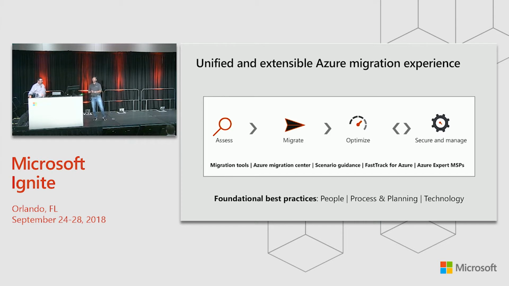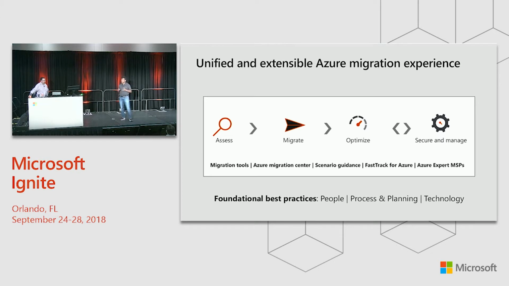Once it's in Azure, you want to constantly keep your workloads optimized, well-managed and secure, right? So migration to Azure is not a once-and-done thing. It's an ongoing, continuous thing. So that's why you see those 2-sided arrows around optimize and secure and manage. So that's basically the stages of the Azure migration journey that we've been talking through this week.